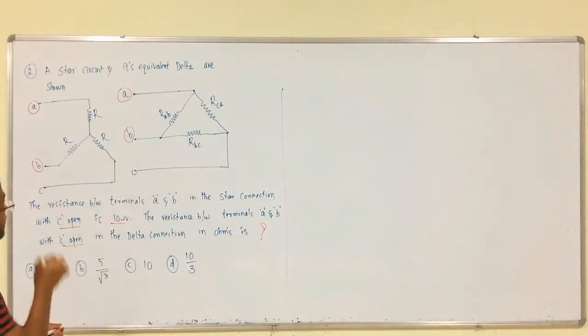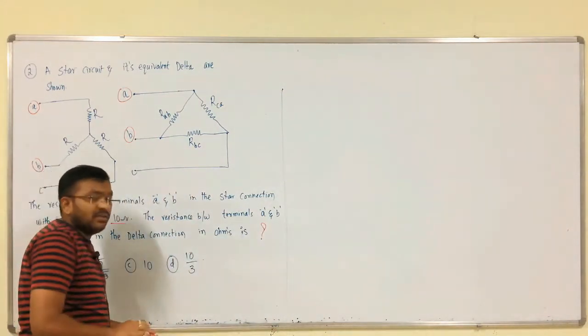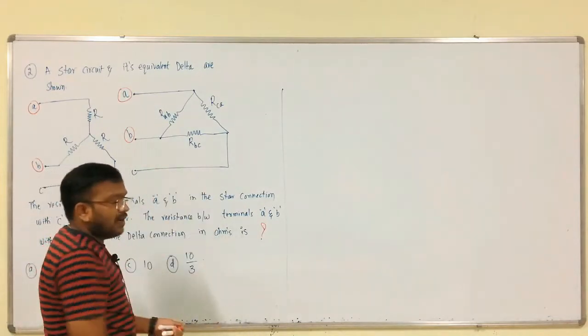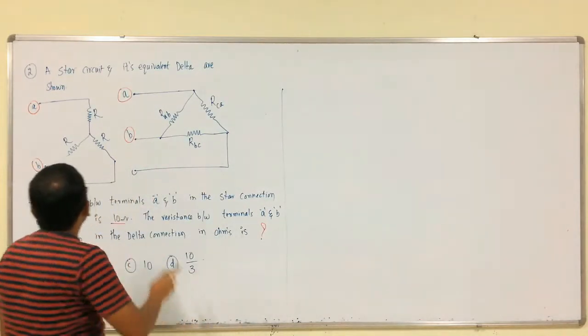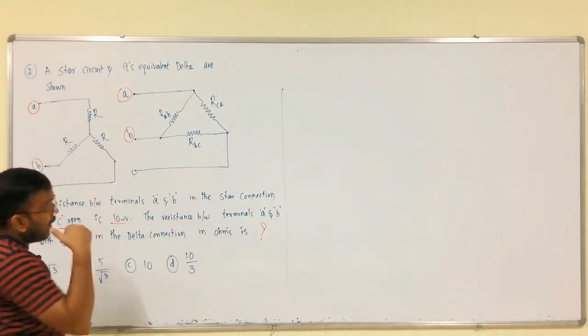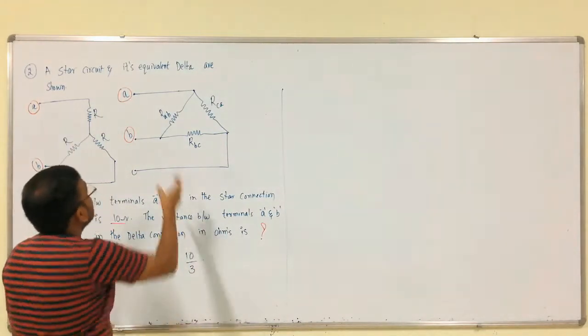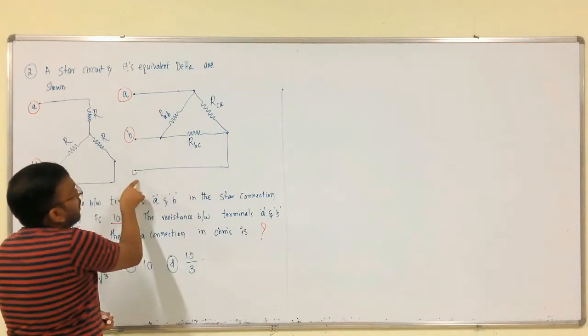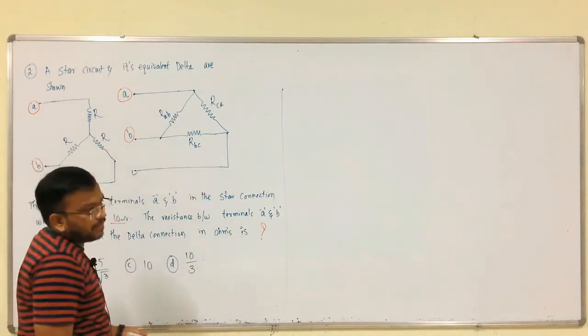So, he provided the star connected network as well as the delta connected network, and the resistance between these two terminals with C open is 10 ohms. We have to calculate the equivalent resistance between these two terminals with C open in the delta connection.